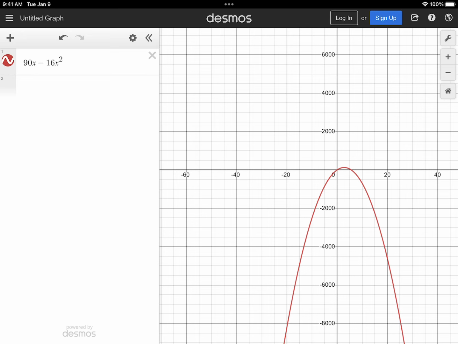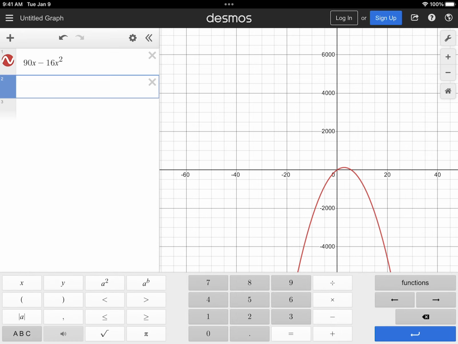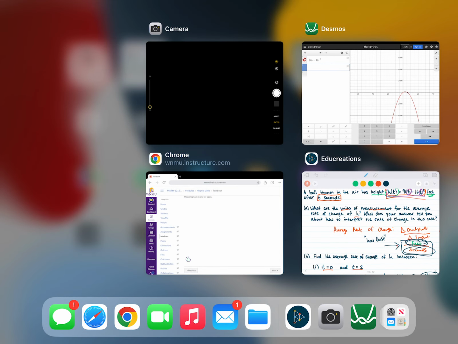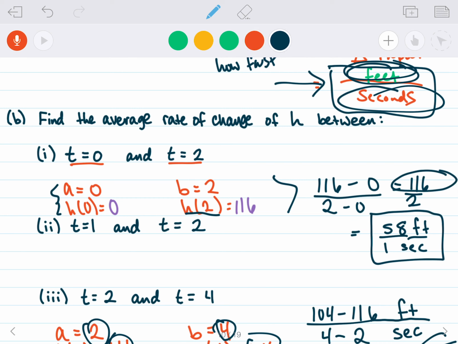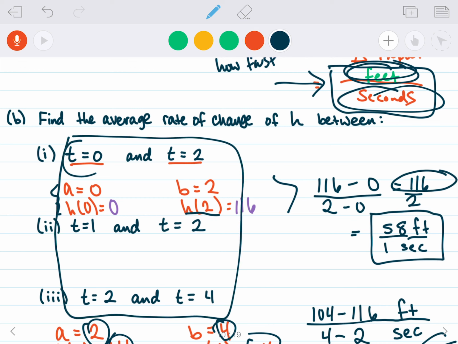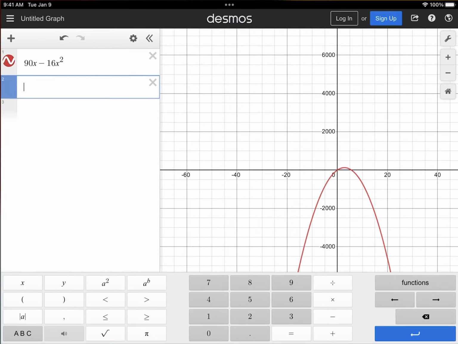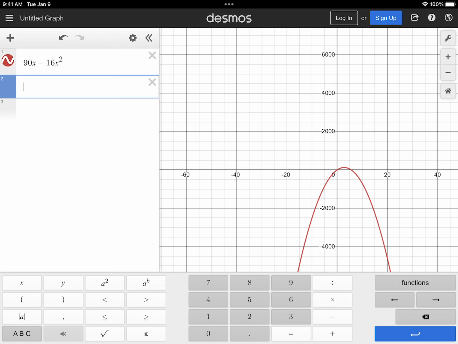Now I'm going to restrict it. Let me show you how to do this. So all I care about is between x is 0 and x is 4. So I'm going to restrict it like this. I'm going to put little curly braces by hitting the capital ABC in the bottom left corner.